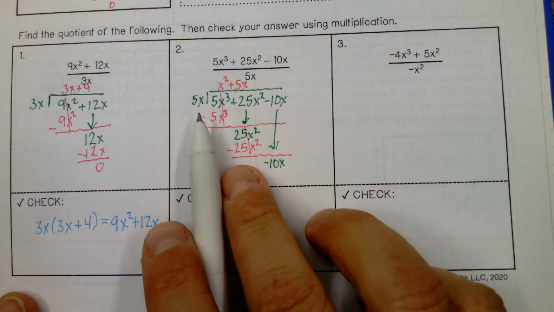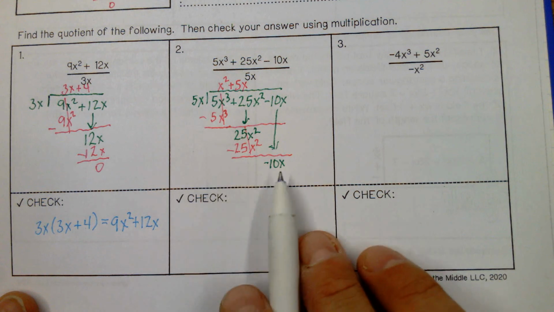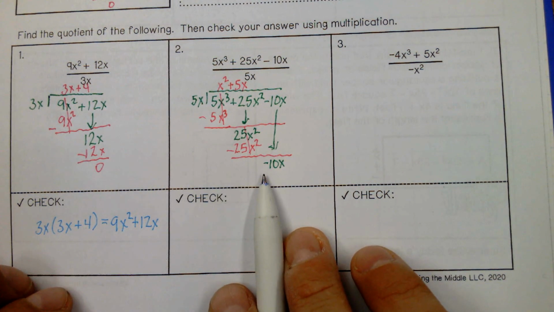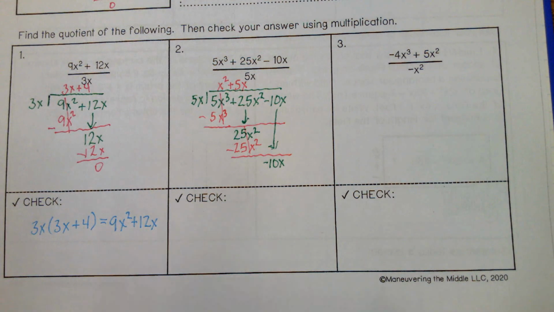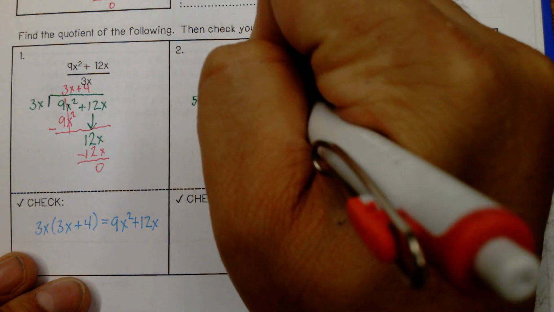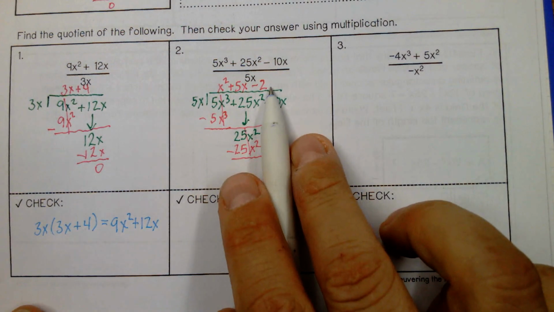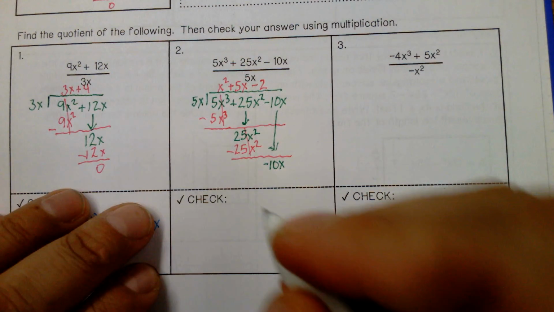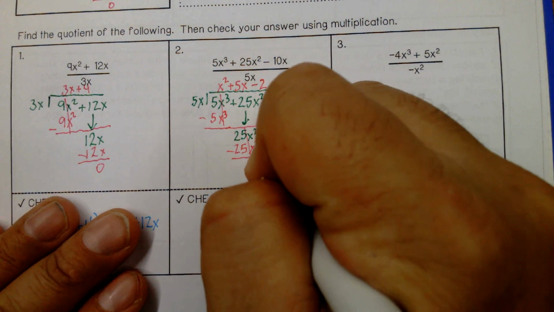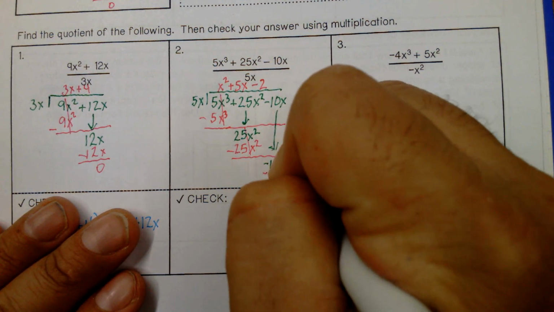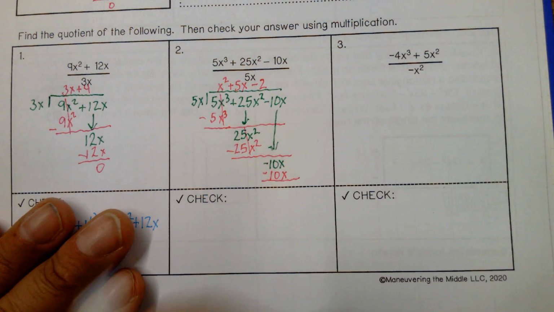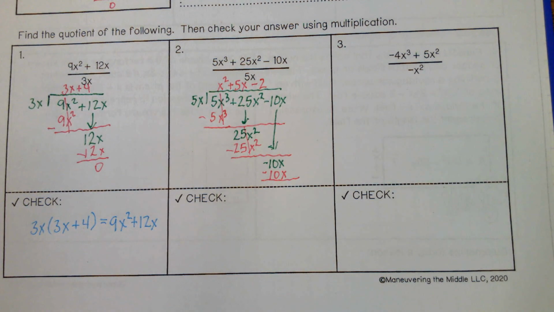So what would I multiply 5x by to get negative 10x? Negative 2. Well, take a look. Negative 2 times 5x is negative 10x. And this is the first one where we actually have to flip the sign to a negative.